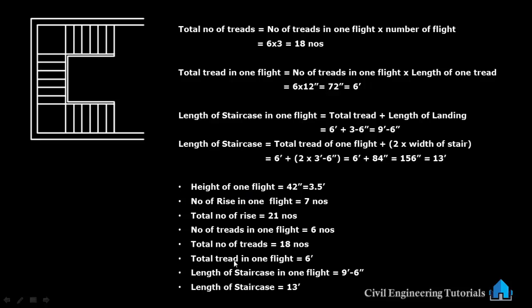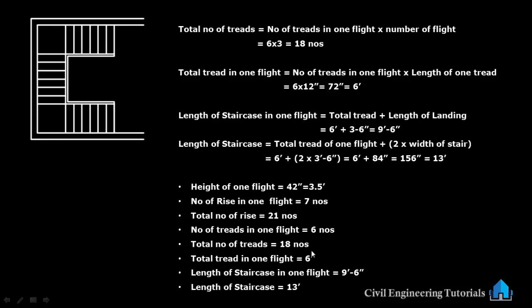Now total tread in one flight is 6 feet, which we have also calculated. The length of staircase in one flight is 9 feet 6 inch. This side, here to here, is 9 feet 6 inch. You can say this is the width of the staircase also. This side also 9 feet 6 inch.